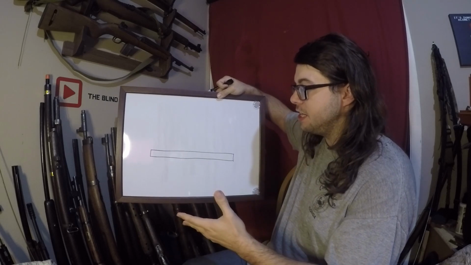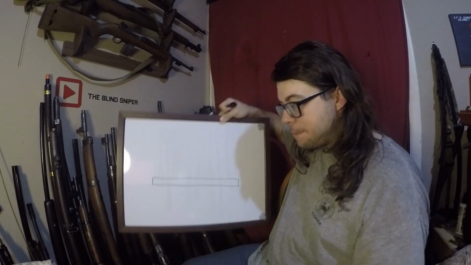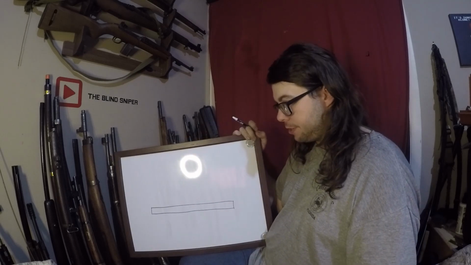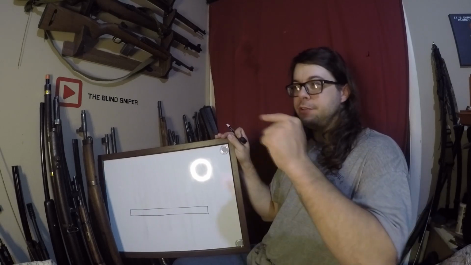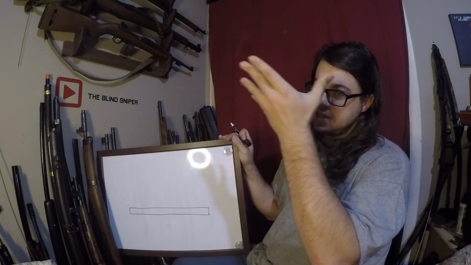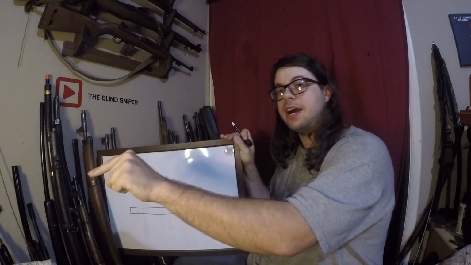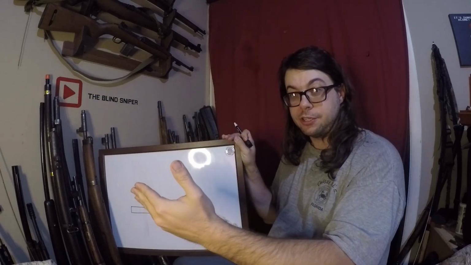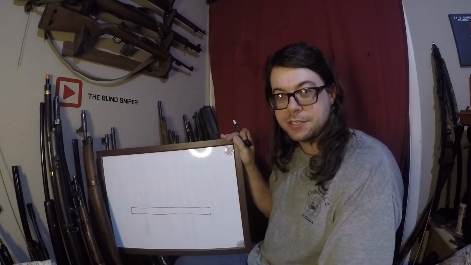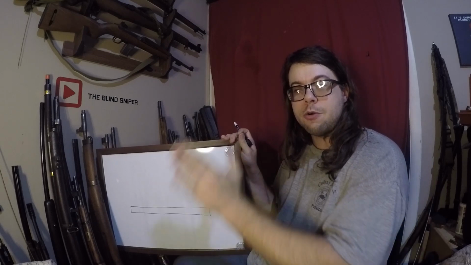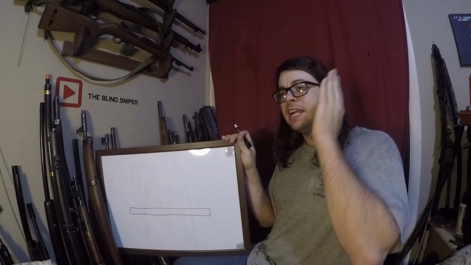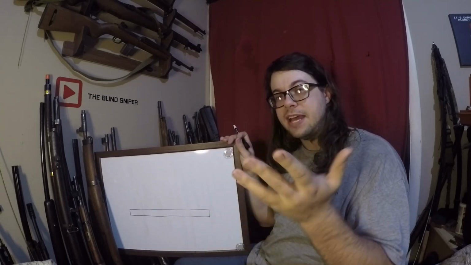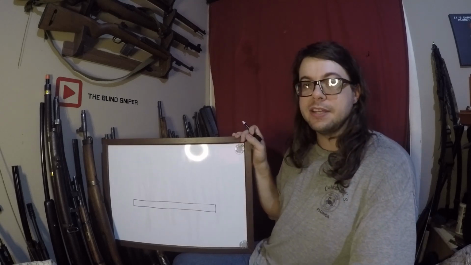One of the things I'd like to touch on is, if you think about the different burn rates of powder, it doesn't make sense that a fast burning powder will not produce enough pressure to get, say, a rifle bullet out of the gun at high velocities, or it will make too much pressure to where the gun essentially blows itself up. There's no gray area or middle area for that, and it doesn't make sense. A lot of that has to do with the pressure curve, and that is exactly what I'm going to sit down and talk to you guys about today.